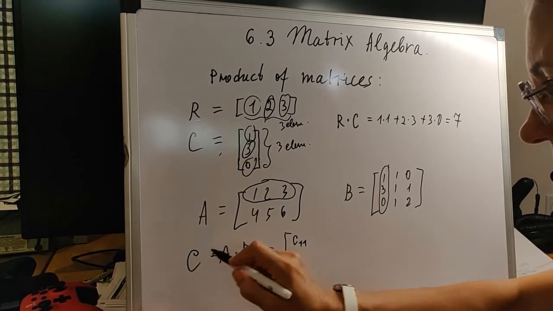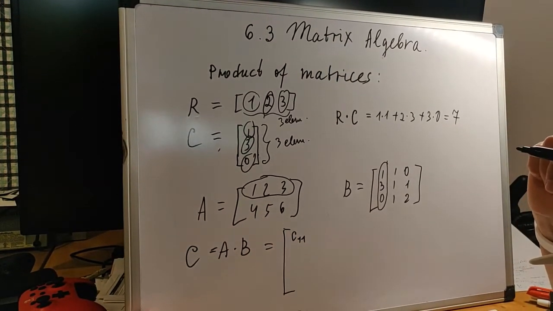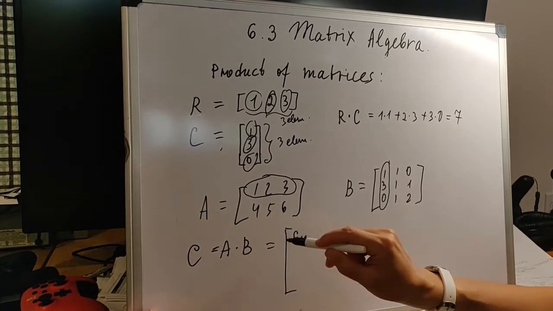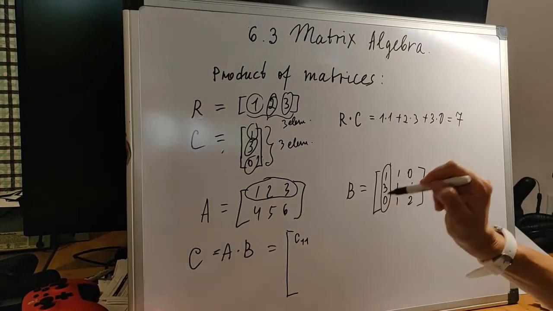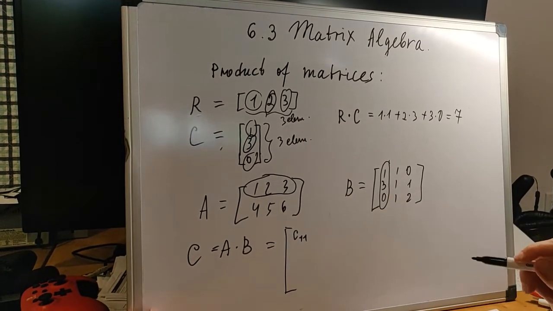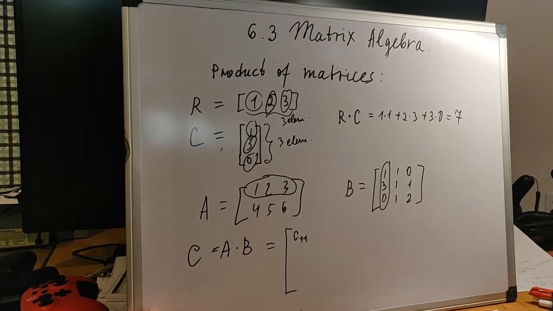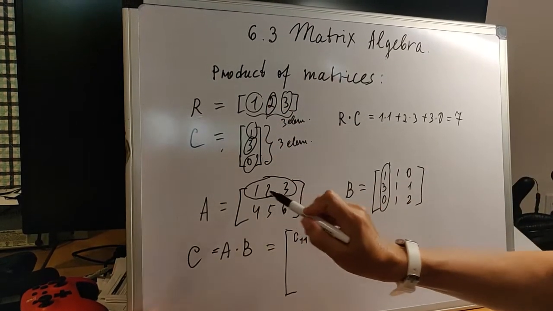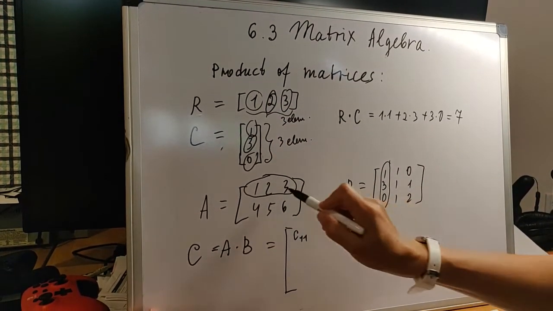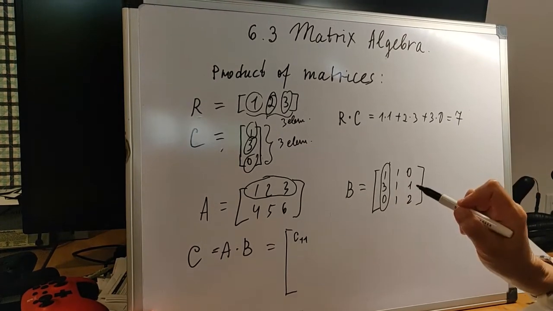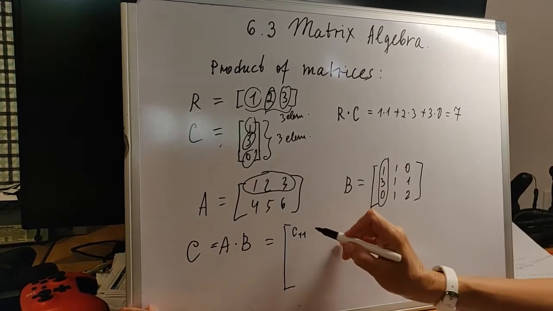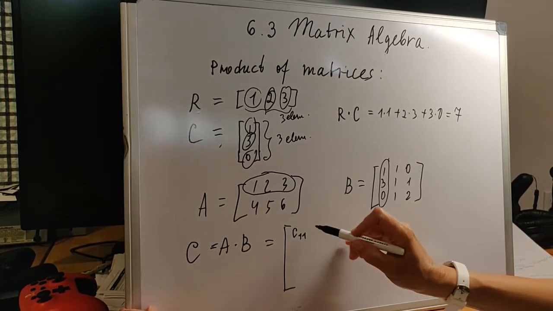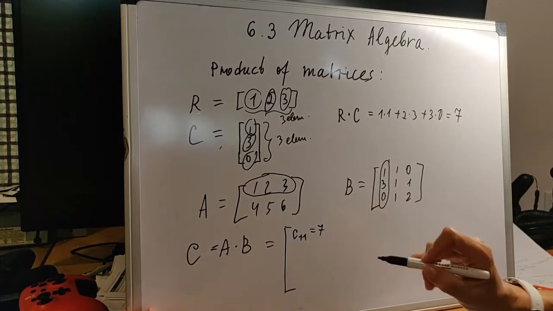The final matrix is going to be labeled C, and that element is labeled 1, 1, so it sits on row number 1 and column number 1. How am I going to calculate it? I'm going to use this rule: 1 by 1, 2 by 3, and 0 by 3, which gives me 7. So this element is going to be 7. I'm going to put 7 over here.